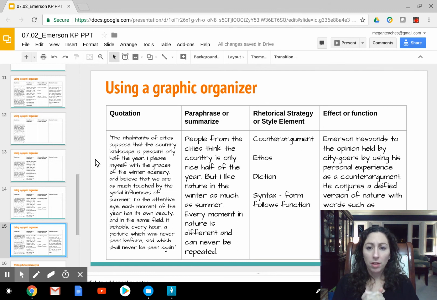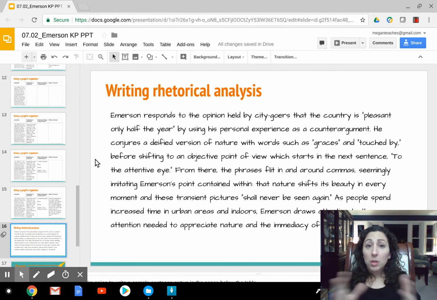So if I want to write an essay or put this into paragraph form, I need to make sure I can really reference a lot of what I have here in this graphic organizer. So this is what I came up with. I said, Emerson responds to the opinion held by citygoers that the country is pleasant only half the year. So notice the difference here, what I did.